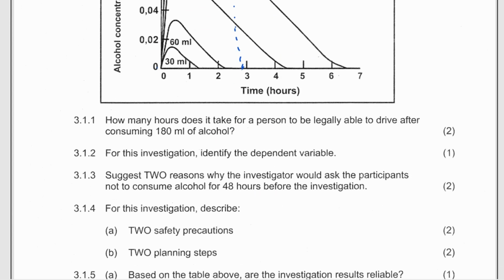They will probably give a range of answers there. You put hours, because maybe the unit is also another mark.